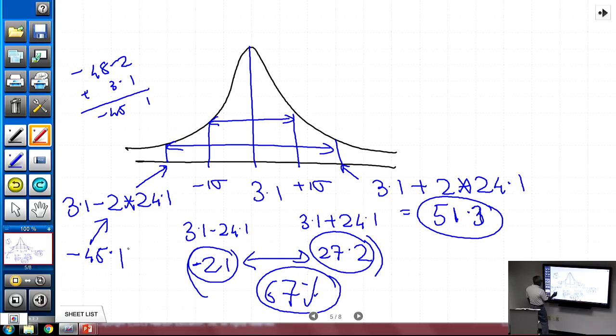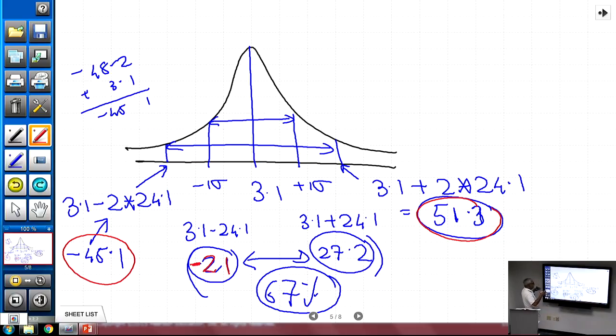That means there is 95% likelihood that the outcome would be between minus 45.1 and 51.3. So make a correction. This should have been minus. For the 67%, the range is from minus 21 to 27.2. For the 95%, it is between minus 45 and 51.3.